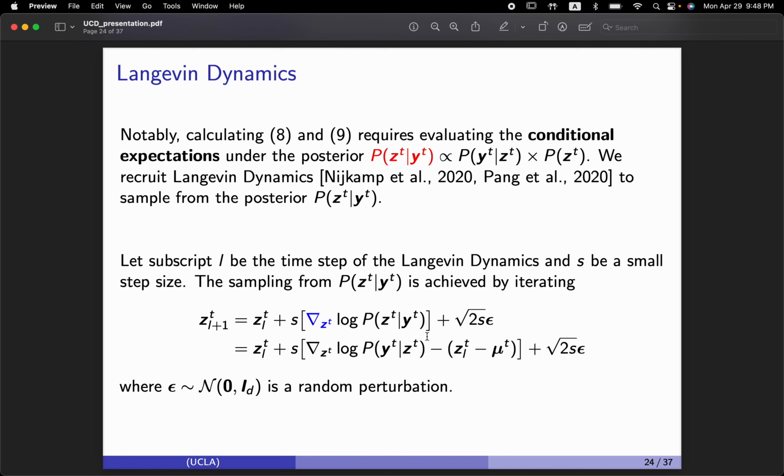So we can iterate this particular equation for a short number of times, and then the z's that we obtain are the samples drawn from the posterior distributions. So we're going to use Langevin dynamics to draw samples and then to approximate the expectations for the prior parameter updates and also for the neural network parameter updates.